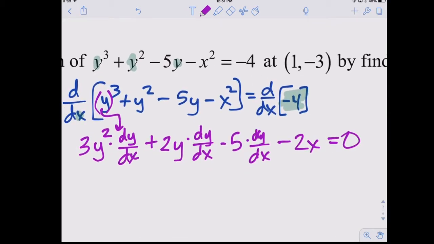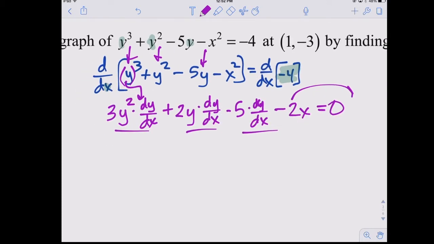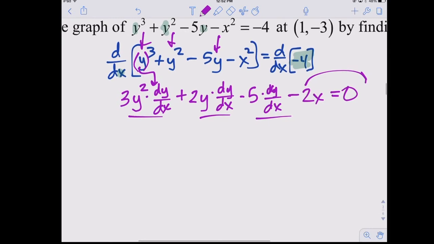Okay, so again, if you want to take inventory, you can't solve for y, but you had 1, 2, 3 terms with y, and you had 3 y's in your equation. How many dy/dx's did you end up with? 3. There you go. Now we've got to solve for dy/dx. So I've got 3 terms with dy/dx. That negative 2x doesn't have a dy/dx, so sorry, it gets to go to the other side.